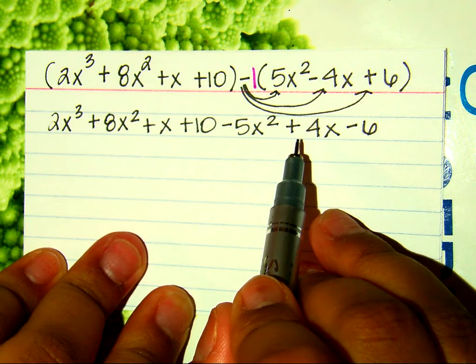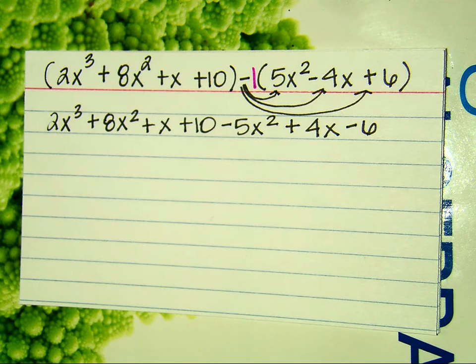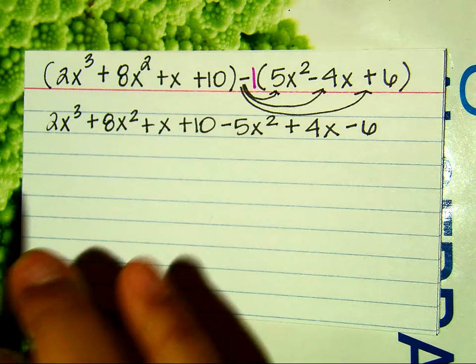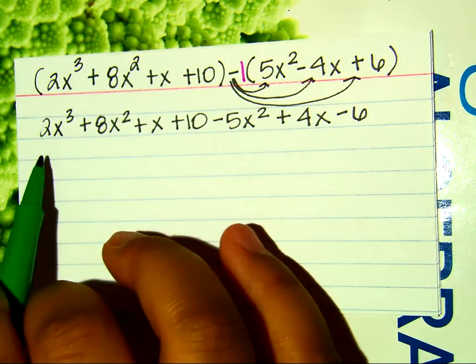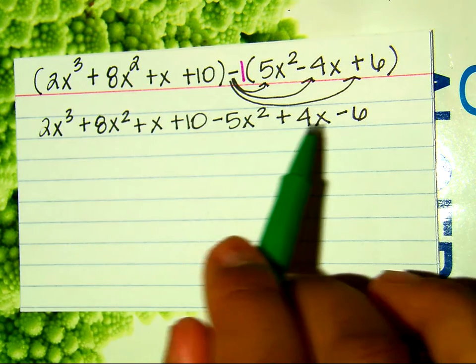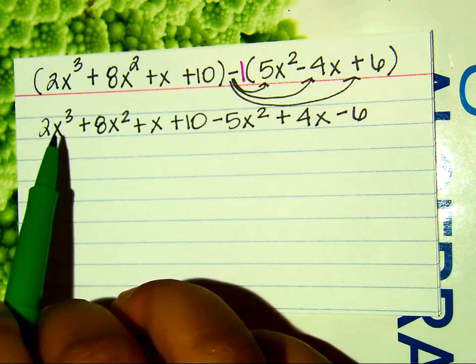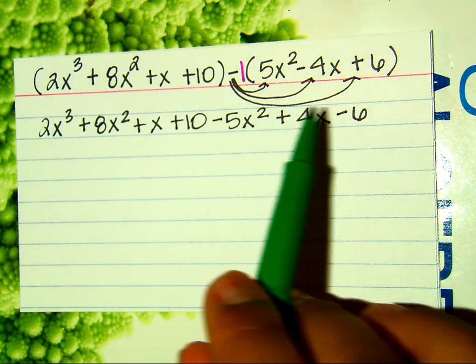Okay? Alright, so now that I have rewritten my polynomial and taken out the parentheses, I'm going to go through it and see what the like terms are. So I have 2x to the third power. I'm going to look to see, do I have any other exponents with the third power in x?